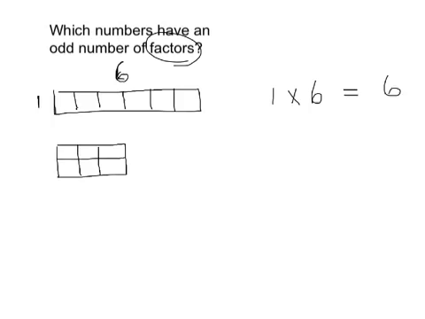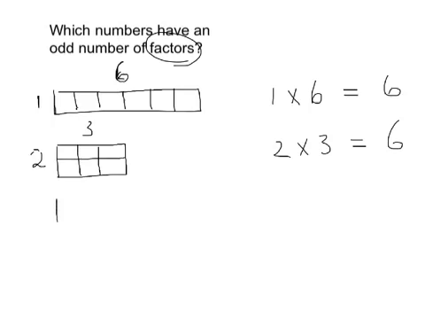So here are my blocks again, but this time I've arranged them as 2 by 3, and we know that 2 by 3 is also 6. Now these are my rectangles. I can't make them in any other way.